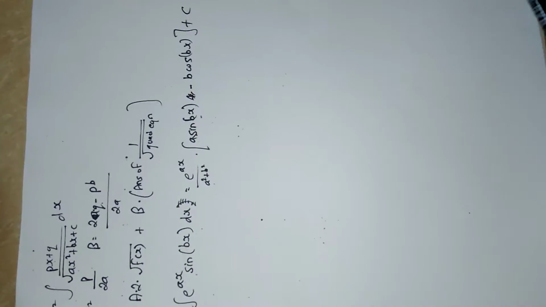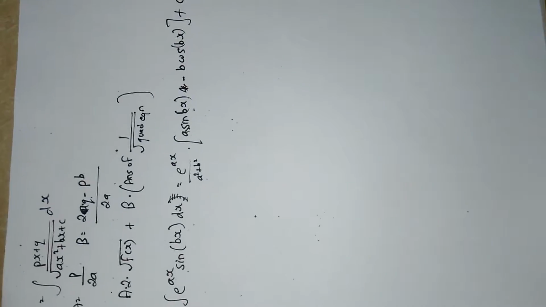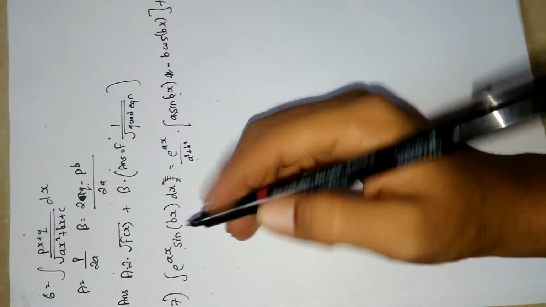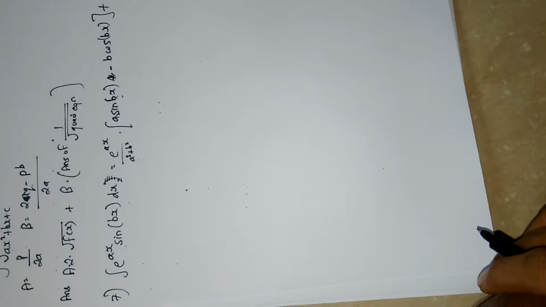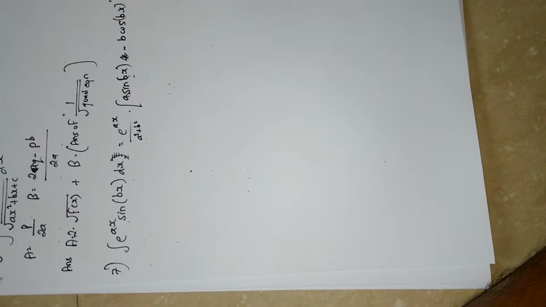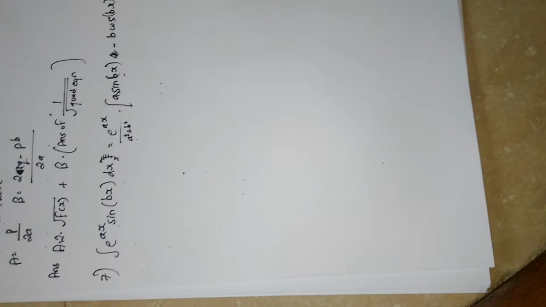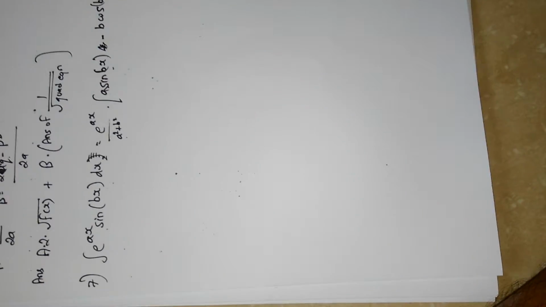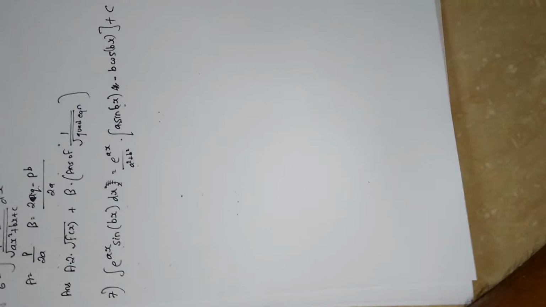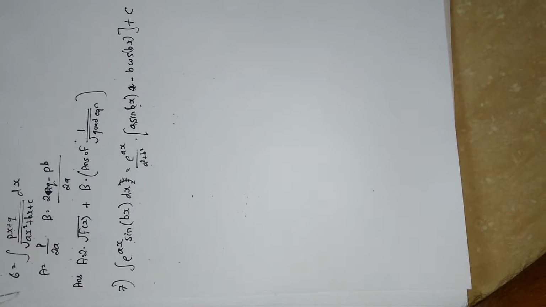The derivative of sin bx would be minus of cos bx into b, and that's it. And if you solve this equation in a step by step manner, I think it would take 2 or 3 pages, or minimum 3.5 pages. So guys, the answer for this is only in one step.